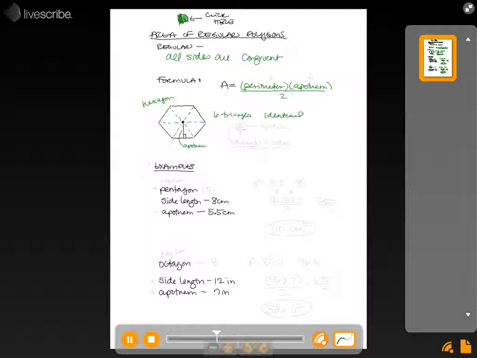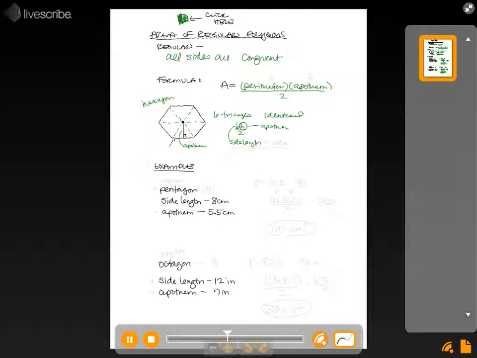And if we think back, the area of a triangle is base times height over 2. If we look at our figure, the apothem would be the height of one of those triangles. We're just looking at, say, this triangle here. The apothem is the height of our triangle, and the side length would be our base.